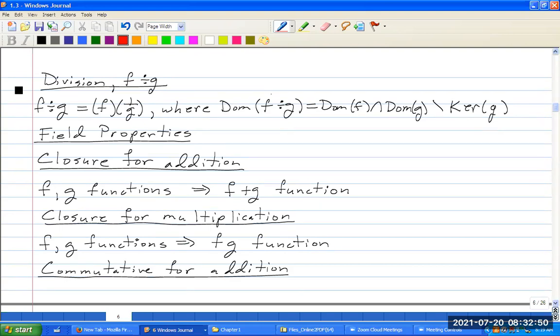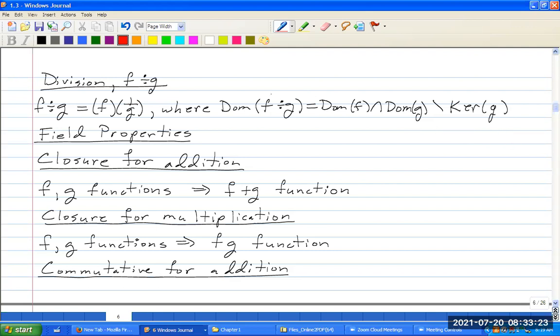So the division of the two functions, f and g, so f divided by g, is defined as f times the multiplicative inverse of g, where the domain of f divided by g is the domain of f intersect the domain of g, take away the kernel of g.